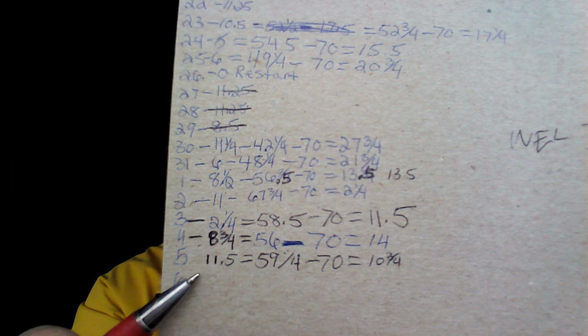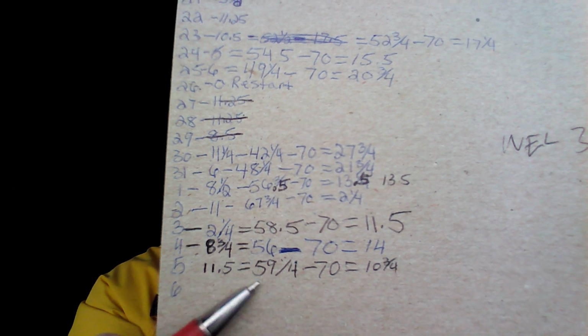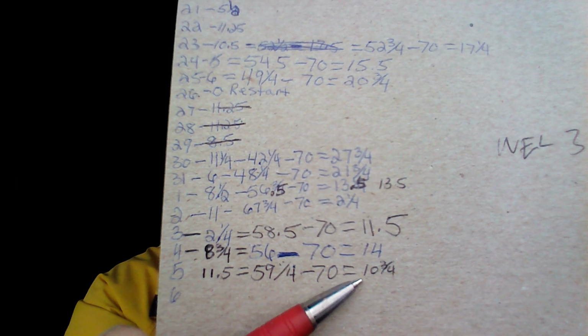59 and a quarter minus 70 equals 10.75. So 10 3/4. So on Sunday, this will be my available hours right here, 10 3/4.